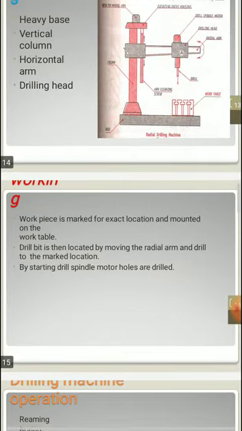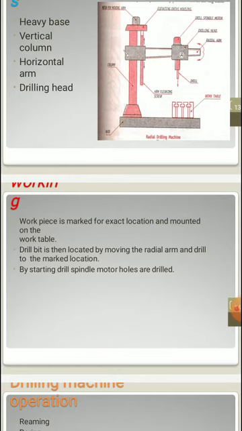The radial arm can swivel and move through. It has half rotary motion, not the complete rotary motion, up to 180 degrees.